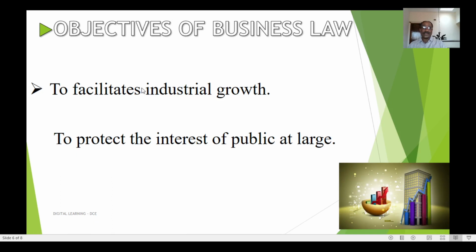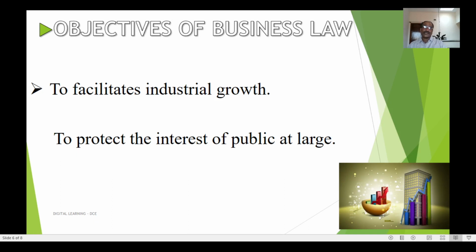Business law consists of rules, and if any business establishment is established according to those rules, then that business can be continued for a long time, and if that business continues for a long time, automatically some branches will be created by the business industries.